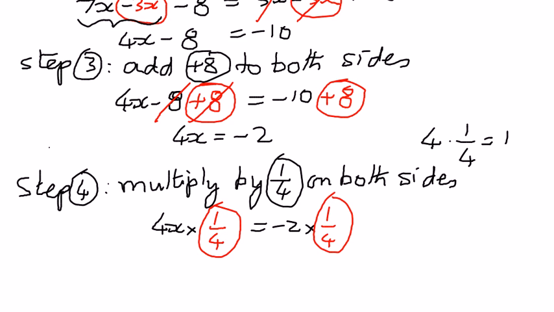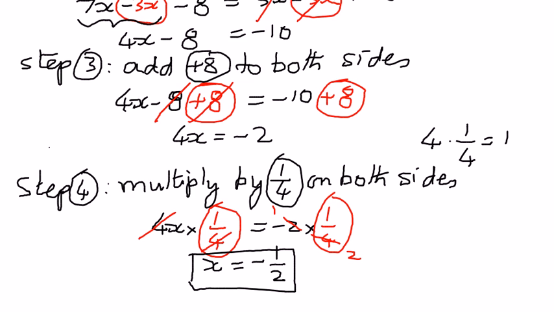Therefore, as you can see, the 4 and 4 cancel out, leaving us with x on the left hand side. On the right, 4 is a multiple of 2, so 2 times 1 is 2, 2 times 2 is 4. Therefore, the value of x is going to be equal to negative 1 half. Negative 1 half. So that's the way we want to solve this example.